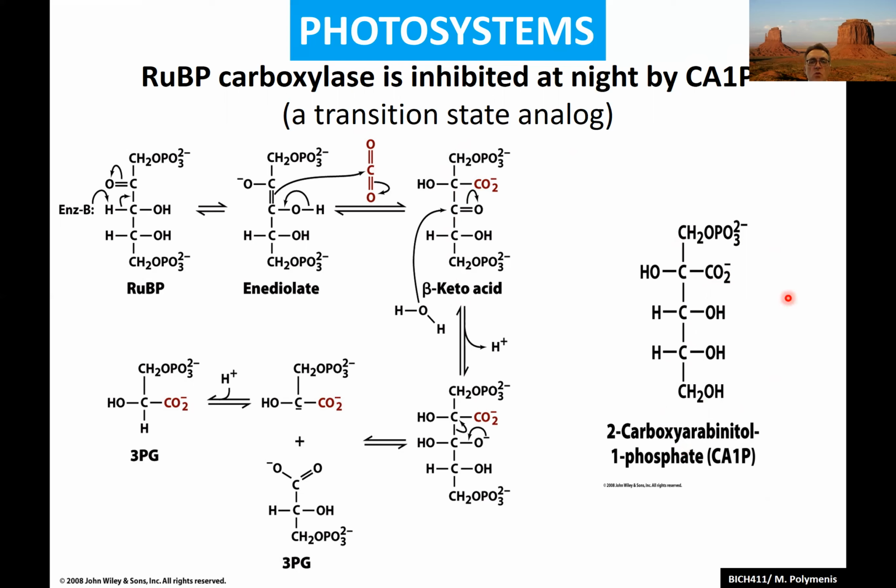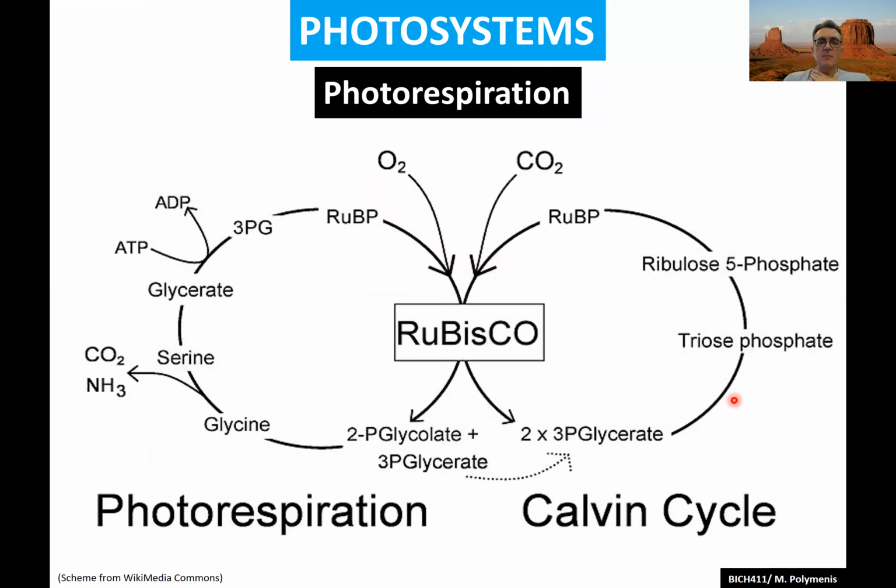So this looks almost the same as the normal transition state compound that you form during the course of this reaction of Rubisco. That goes into the active site, binds there and inhibits the enzyme. And that is made at night by the plant. So during the night, Rubisco is off in a variety of ways, as we discussed.